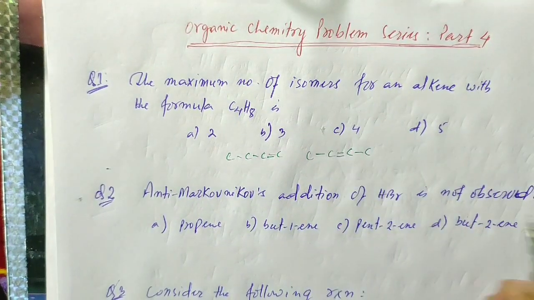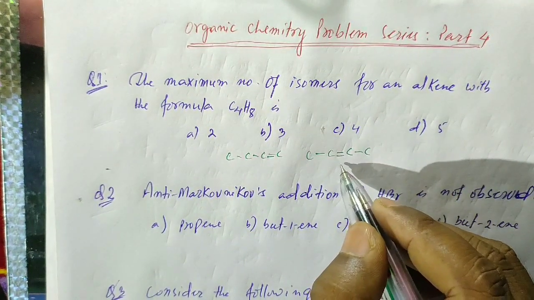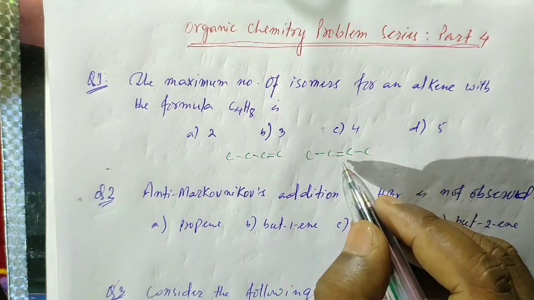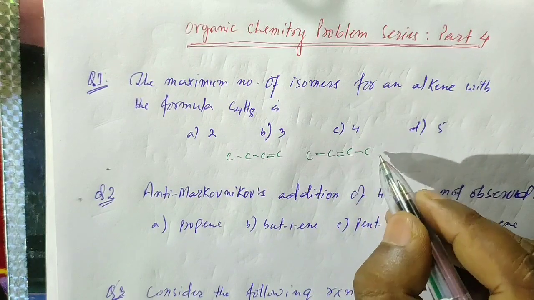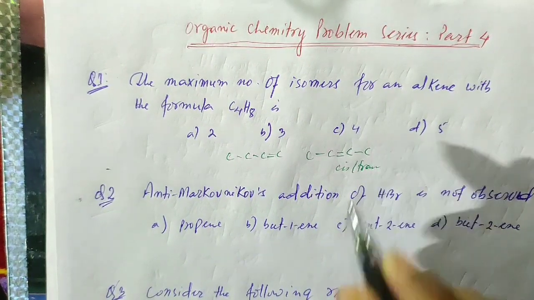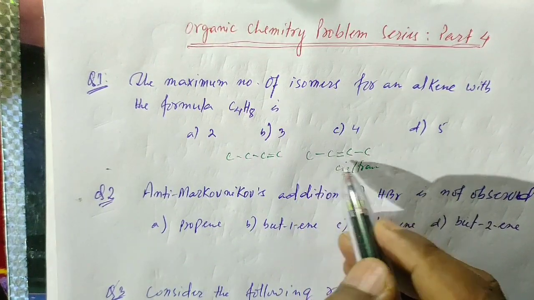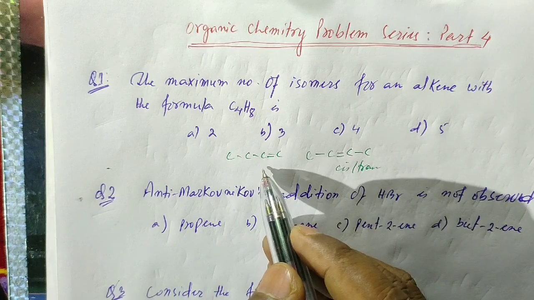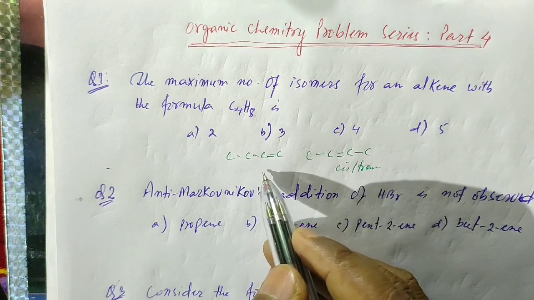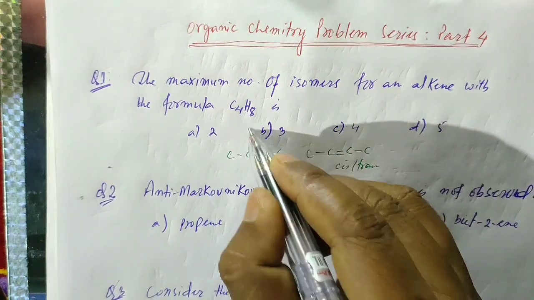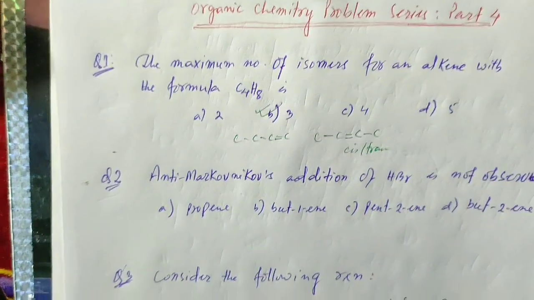This can have geometrical isomers, because this can exist in a cis and a trans form. So 2 will come from this compound, 1 is here, and is there any other possibility? I think no. So our answer is 3, that is B.